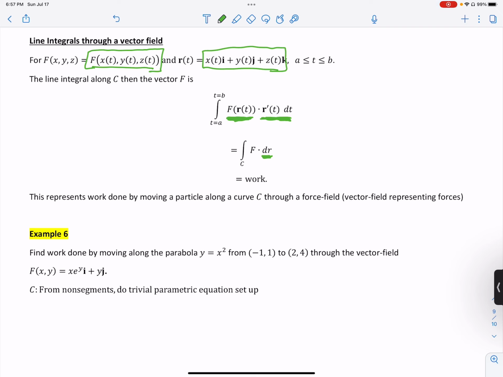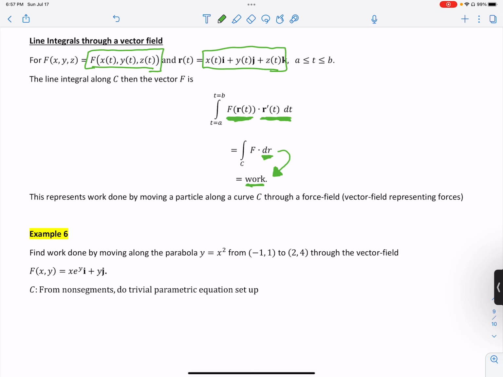Now, this doesn't look like it's very close, but this integral means work. So when we take an integral of a vector field over some path, we actually find the work, and this is related to, right, F dot displacement, W for work, dr, r being displacement, distance, so that comes from that.